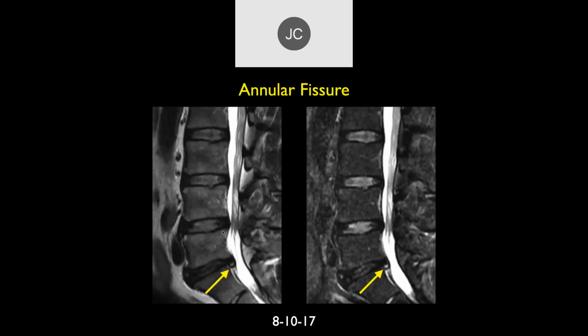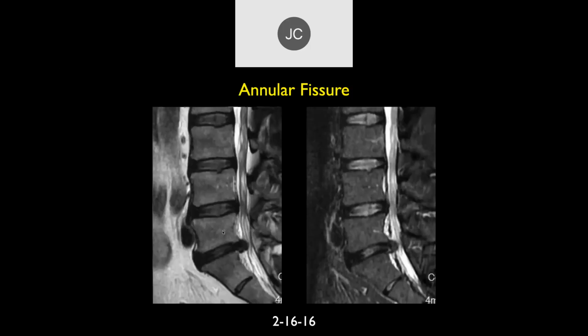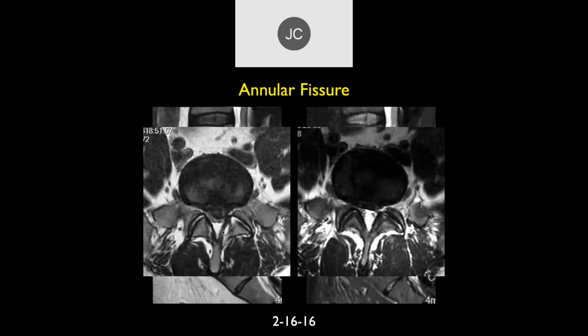So this is a little high intensity zone, annular fissure, on 8/10/2016. Now let's go back a year and a half earlier. This is what that area looked like. Yeah. So it looked more like a disc extrusion, and I don't see that high intensity zone. I'm not sure that's an extrusion. It's a protrusion, maybe.